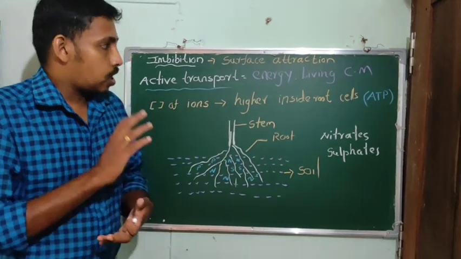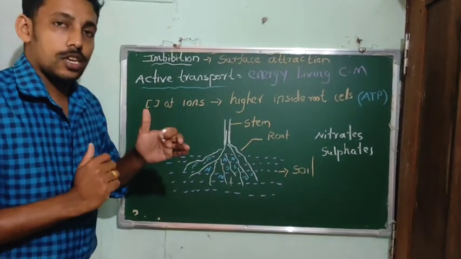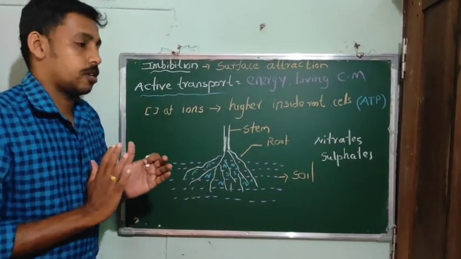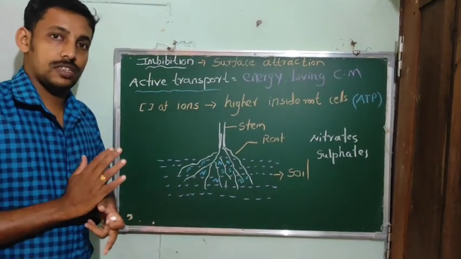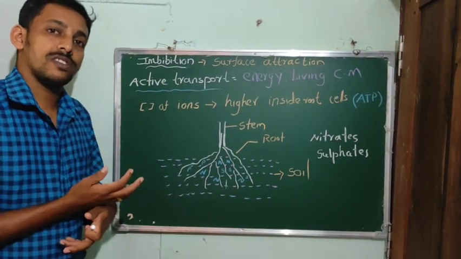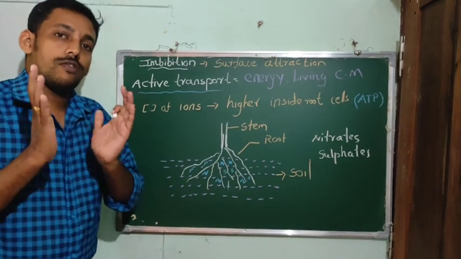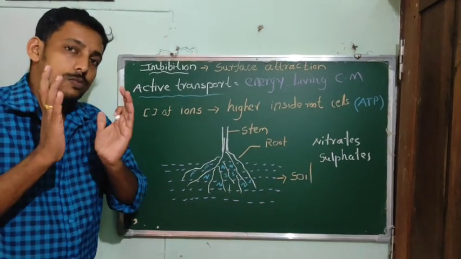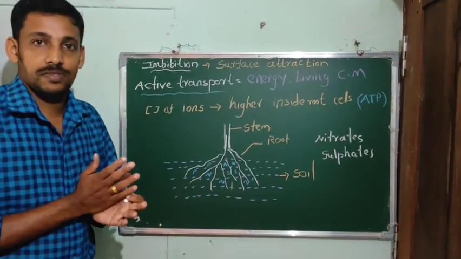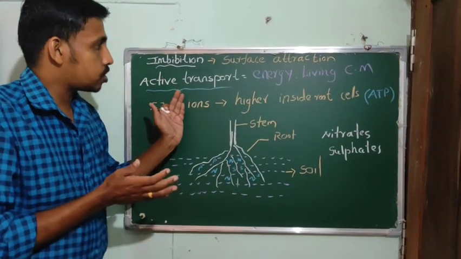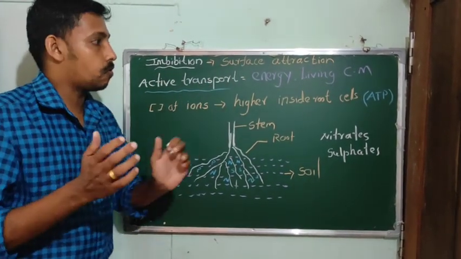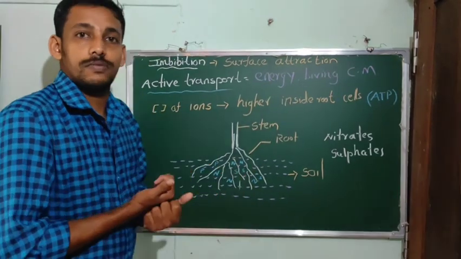Okay. So now we are moving to another kind, just the opposite of passive transport. That is, active transport. In the case of passive transport, there is no requirement of energy. Passive transport requires no energy, whereas active transport requires energy in the form of ATP molecules.